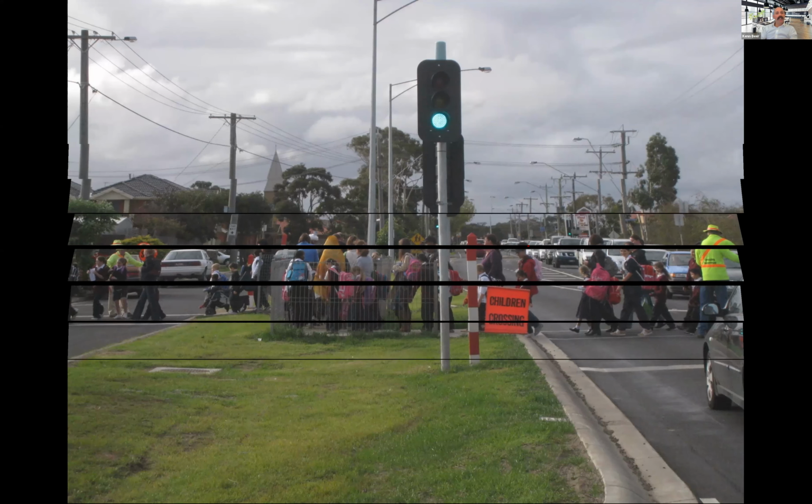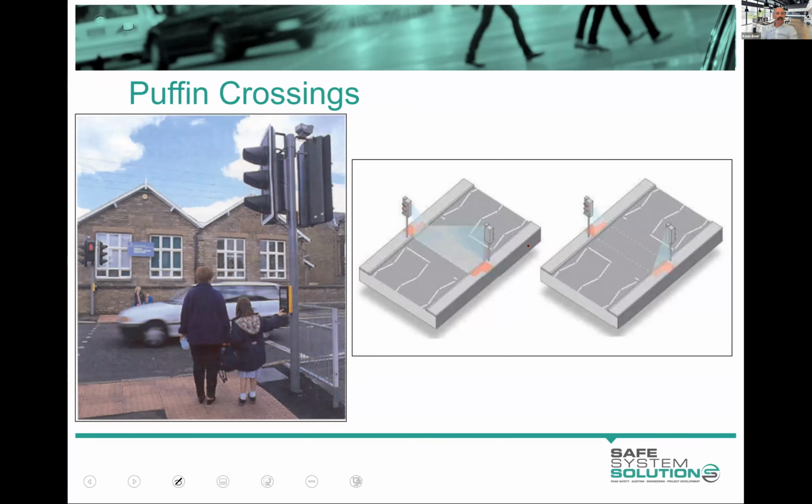And we have a suite of different things in the pedestrian safety space, and somebody along the line decided to bird theme pedestrian crossings, and the traffic engineers seem to have stuck to it. So we have puffin crossings, the pedestrian user friendly intelligent crossing is what it acronyms out to.